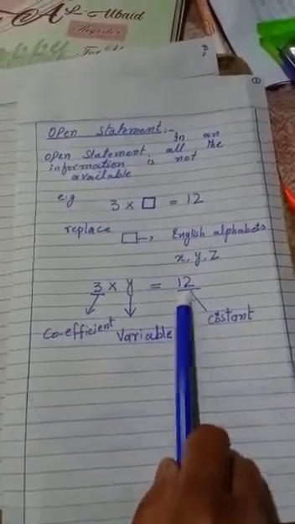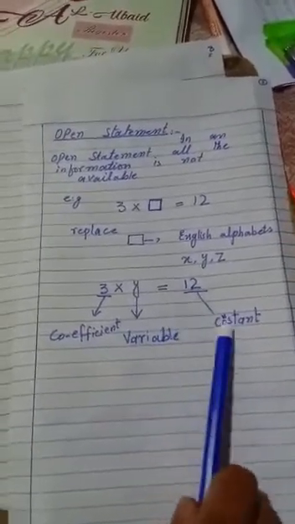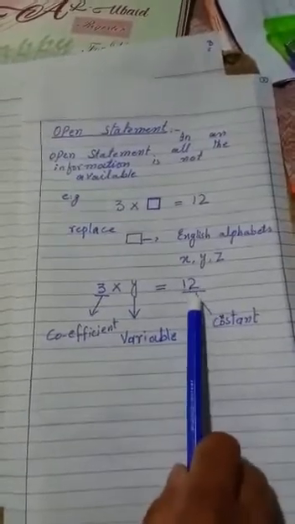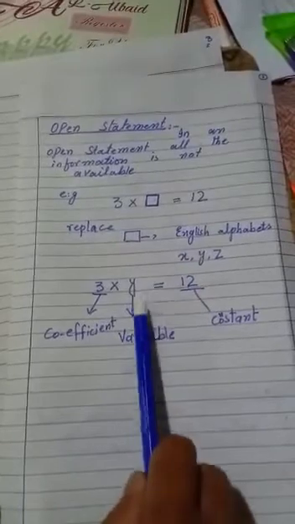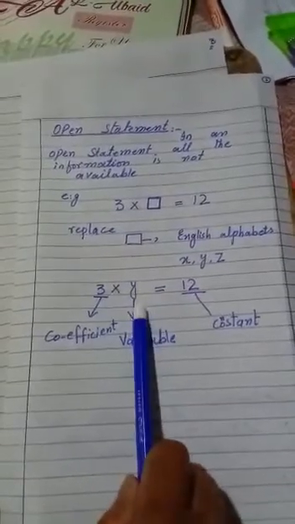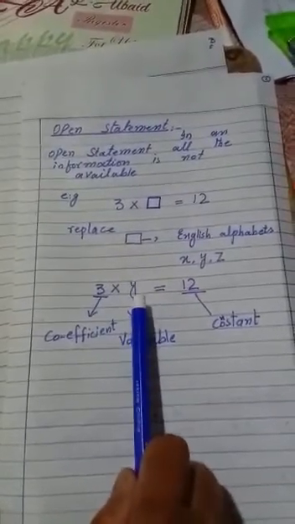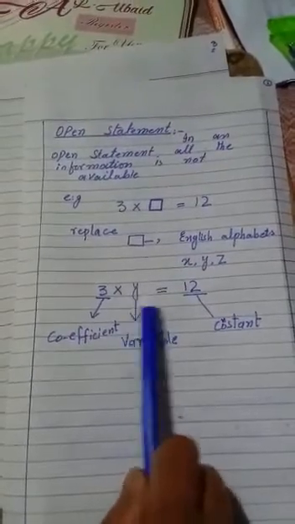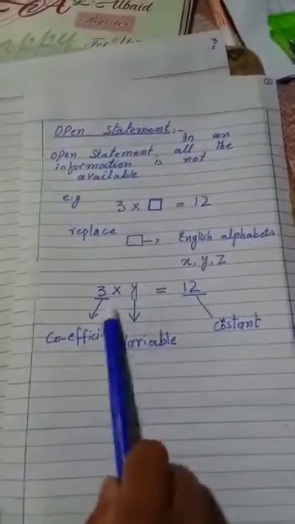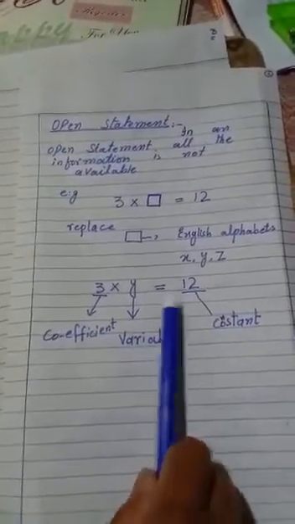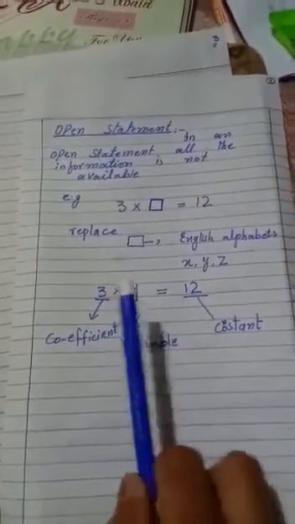The number which is given in the equation is called the constant. This one does not change. This one is called the variable, because this value changes. When we put different values of y, we get different answers from this equation. That's why this is called the variable.